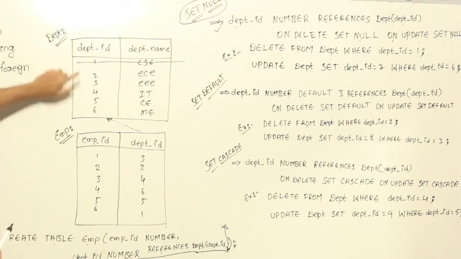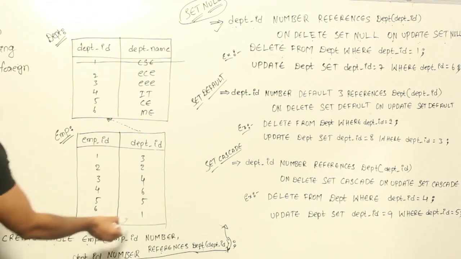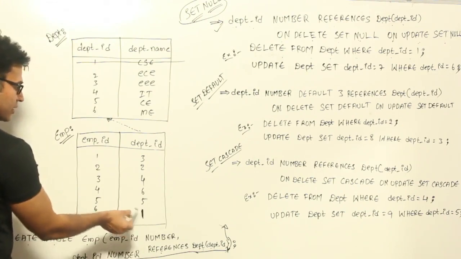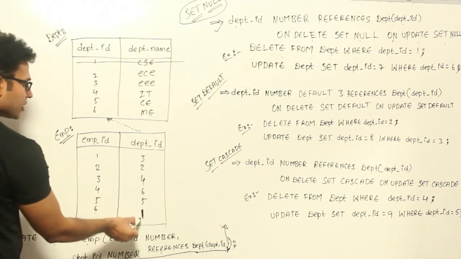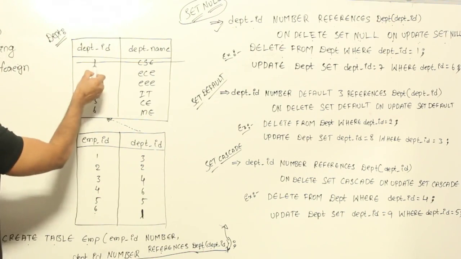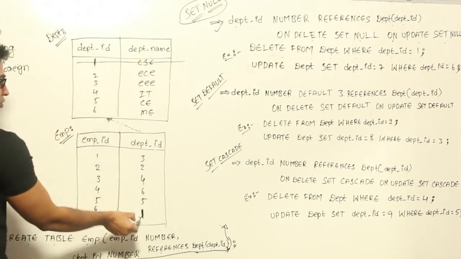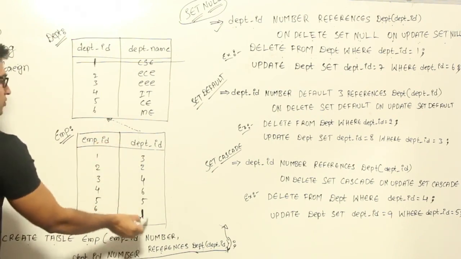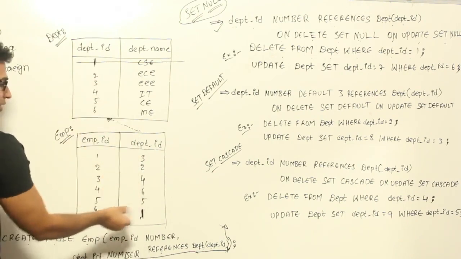In the employee table, the employees who belong to department number 1 will get affected, because the integrity constraint now fails. There is no longer department number 1 here, and you are showing that this employee is present there, and because of that foreign key constraint, this one should definitely be present there, otherwise it cannot exist here.